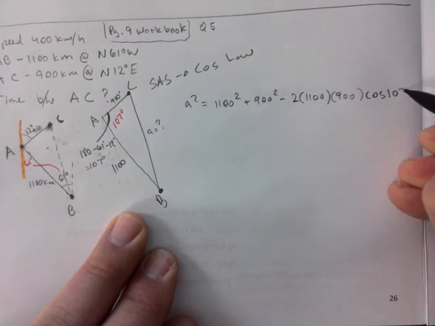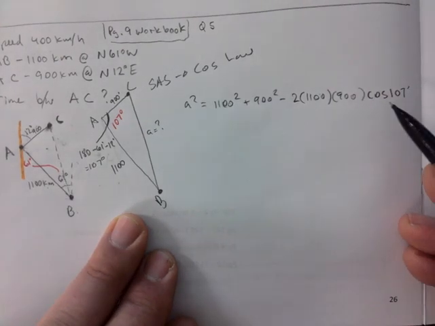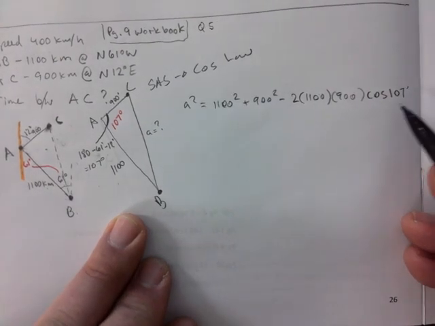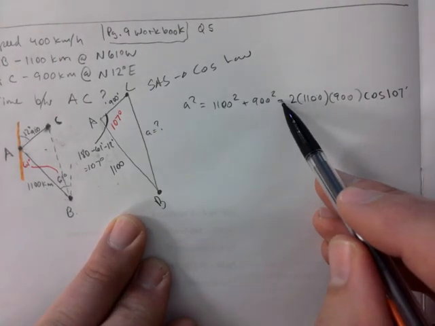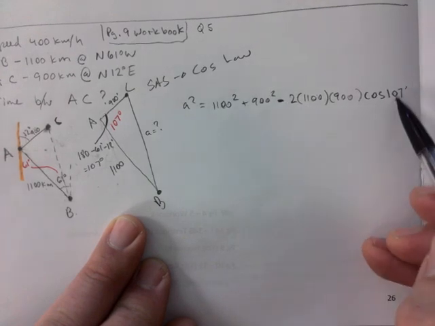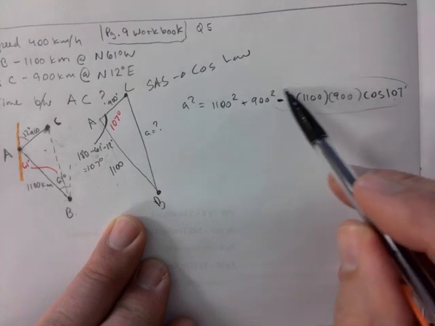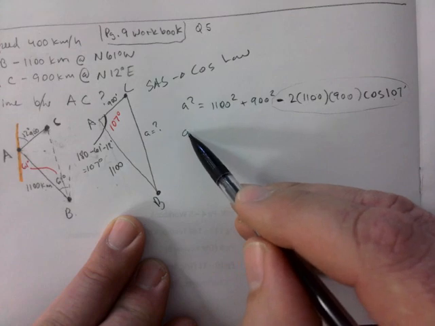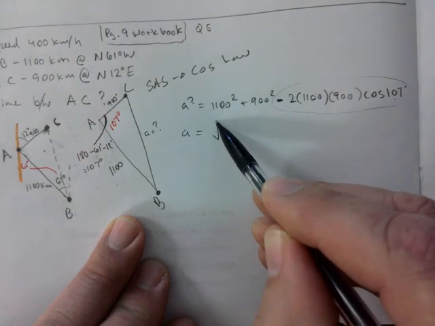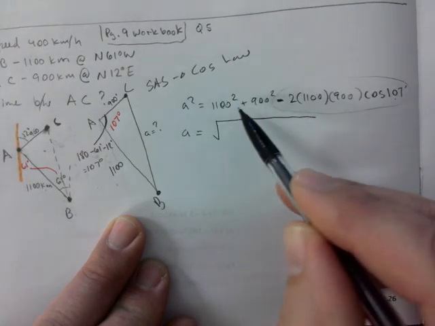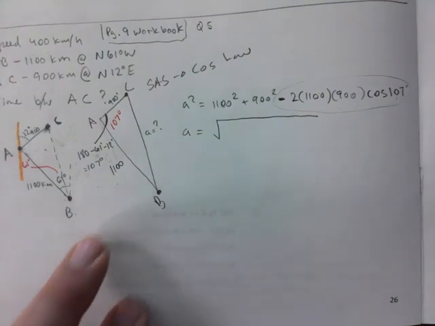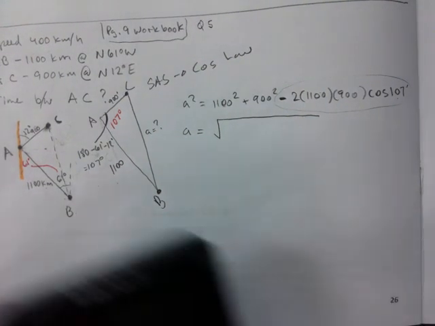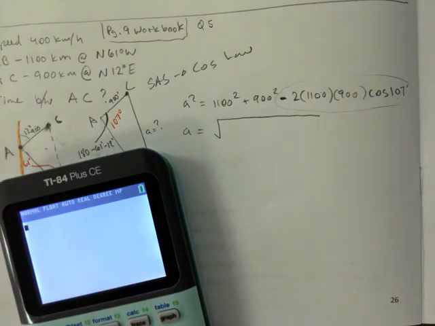You should realize that when you take the cosine of 107, you're going to get a negative ratio, which will turn, right, this negative and that negative will turn this whole thing positive. But if you type it in one shot, you won't even really have to worry about it. But sometimes students do that in steps, so you need to just be mindful of that. And at this point, I'm sure that for those of you that tried this question, you know the answer, right?